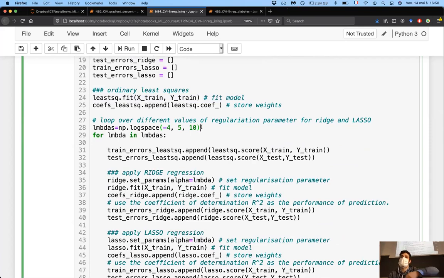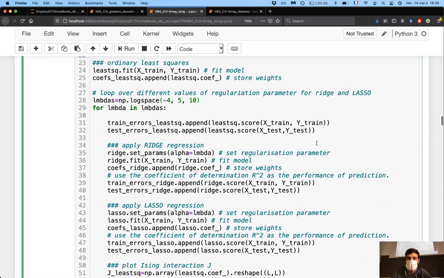For each of these regularization strengths, I will compare the training error and the test error, and I should select the regularization that leads to the lowest test error. Here each time I'm retraining the same least square. This is redundant because it does not depend on the regularization strength, which is this lambda, but it's easier, and plotting goes faster, but it doesn't change anything.